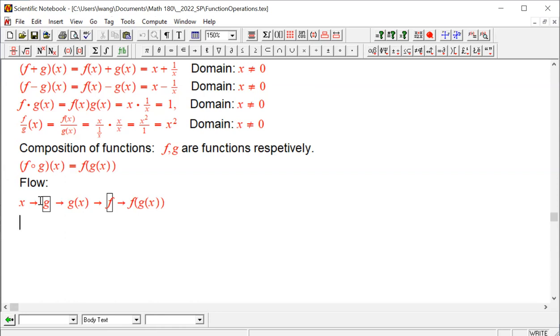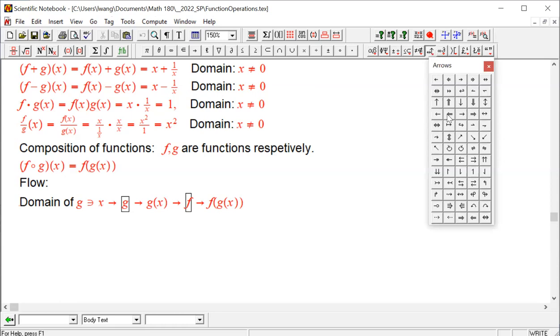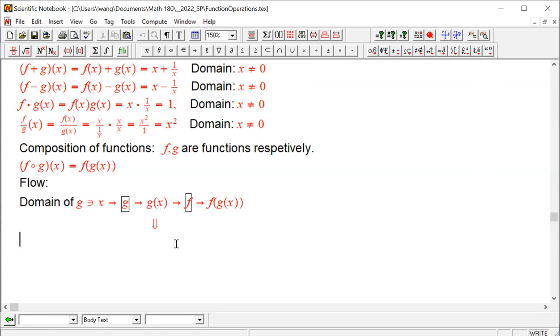You can see that typically x has to be in the domain of g. And g of x is going to be in the range of g, but in the domain of f.